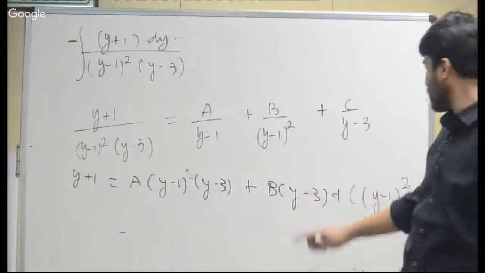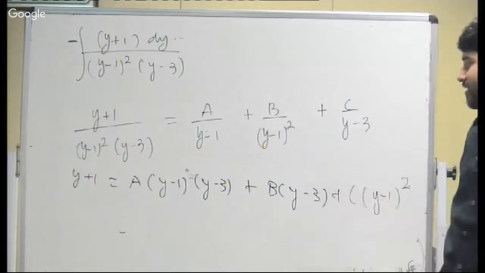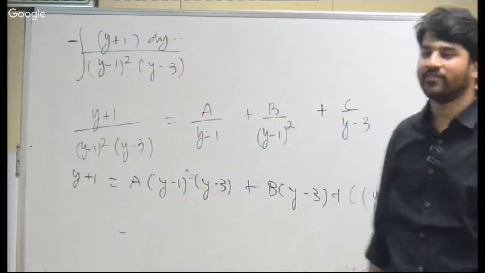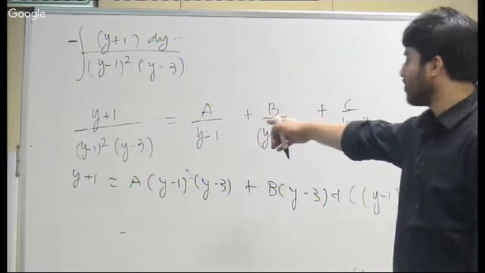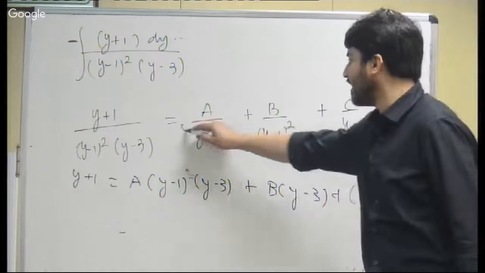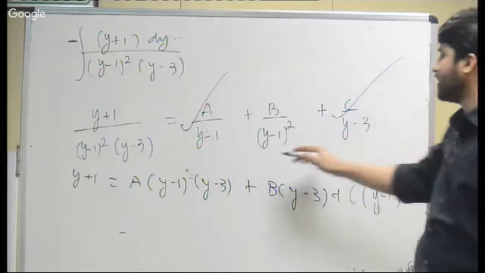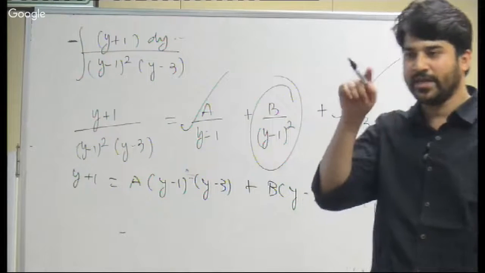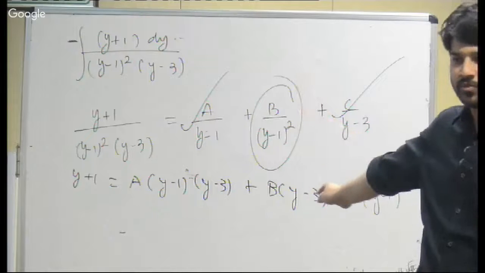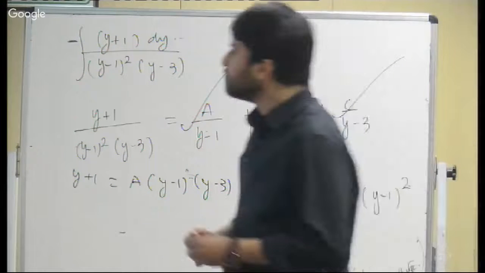If I put y is equal to 3, I'll get c. And then I can easily find a. Clear? So I can easily say a log y minus 1, c log y minus 3, and this one will be a polynomial x to the power n dx form. So you can handle this, right?